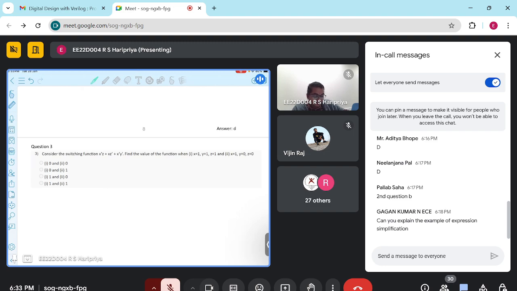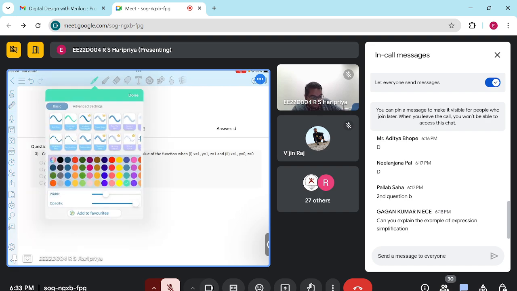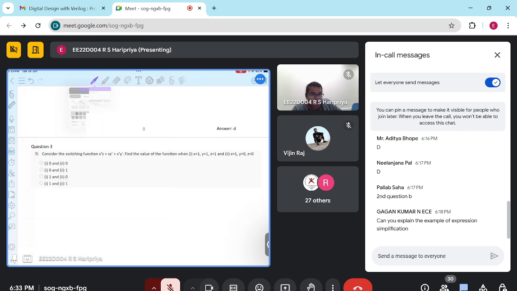Consider the switching function x complement z plus x z complement plus x complement y complement. So if we apply these two sets of values, what will be the function output?